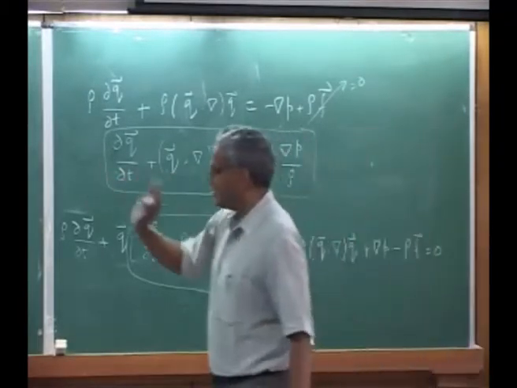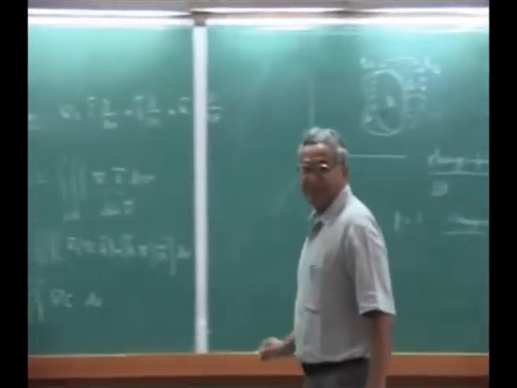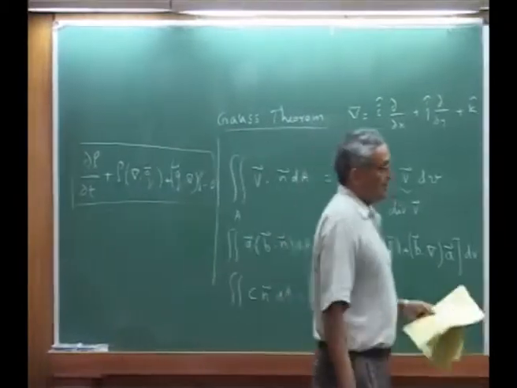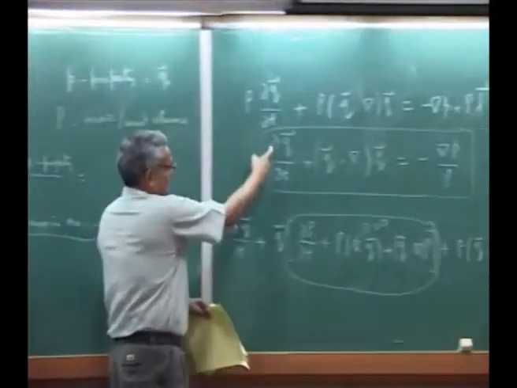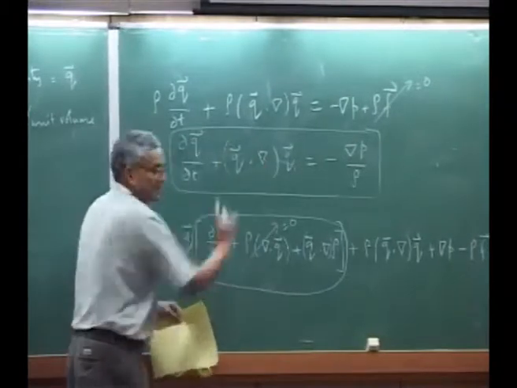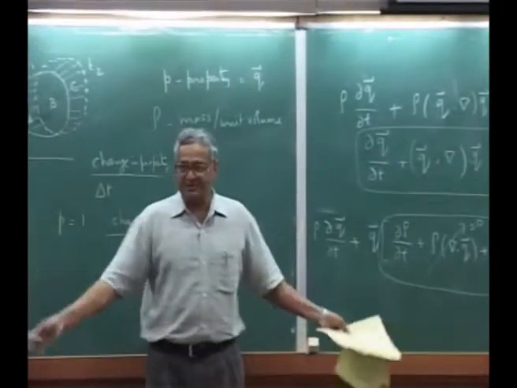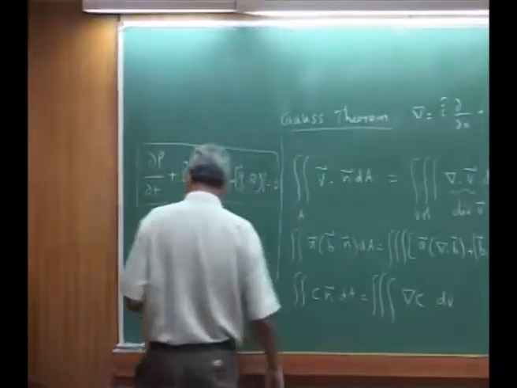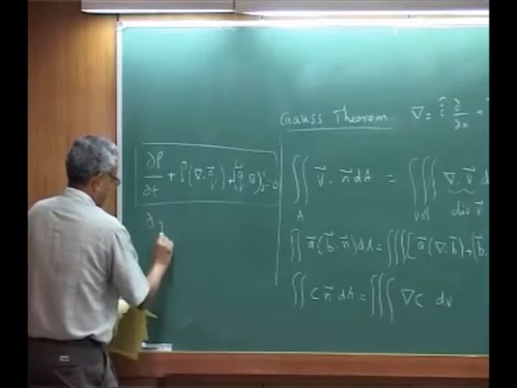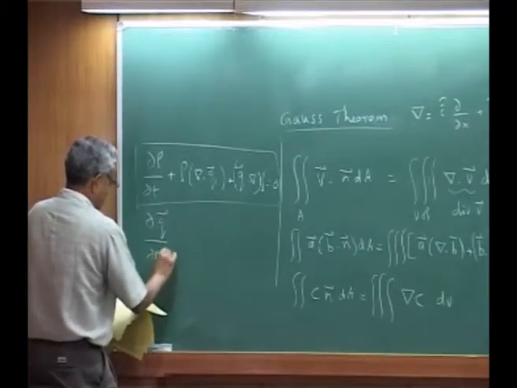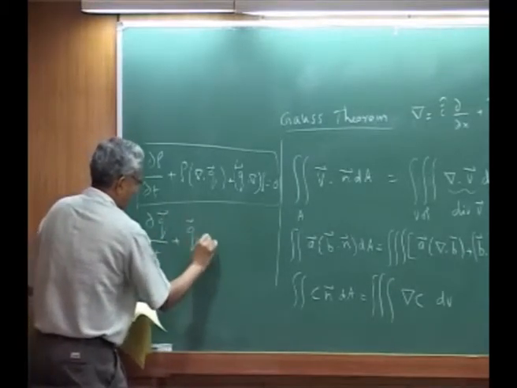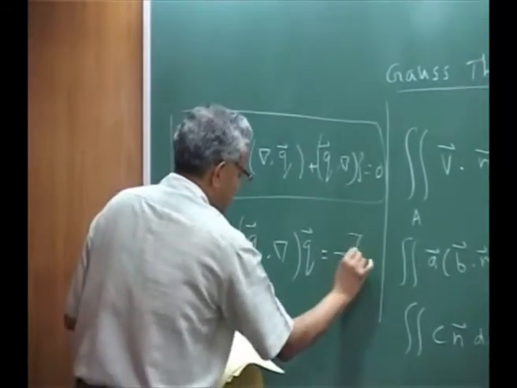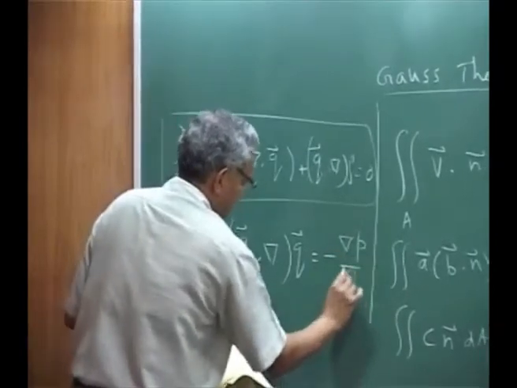Now this also you can write it here. So you have continuity, you have momentum. Momentum you can write as delta by delta T plus Q dot del, which is the total derivative or substantial derivative expression. So you will write it as delta Q over delta T plus Q dot del Q equals minus delta P over rho.